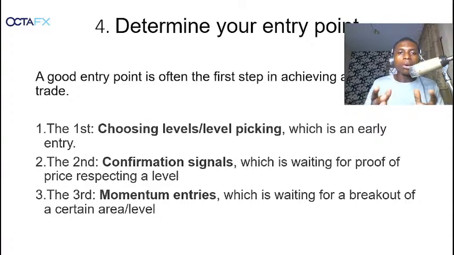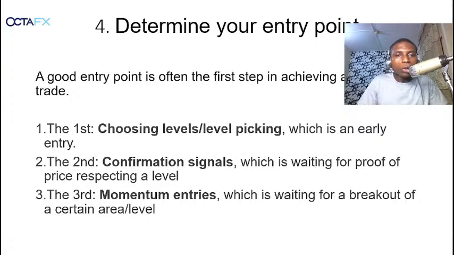All right. So number one, you want to choose levels, or level picking, which is an early entry. Okay, this one is more practical now, so I'll take us to our chart. Now, number two is confirmation signal. Having picked a level, now you want to seek a confirmation on, should I take position, should I buy, or should I sell?